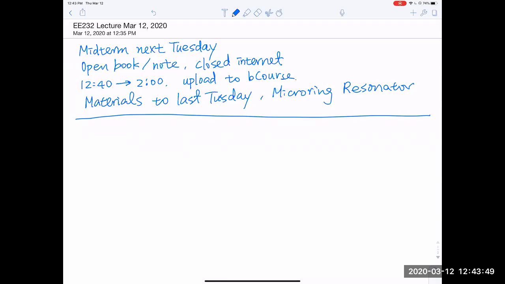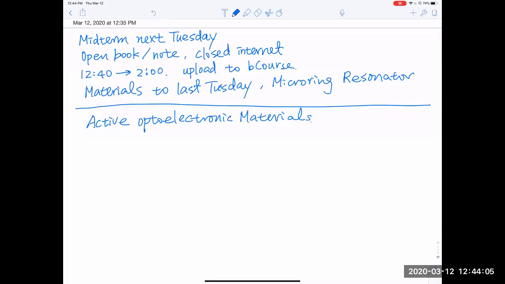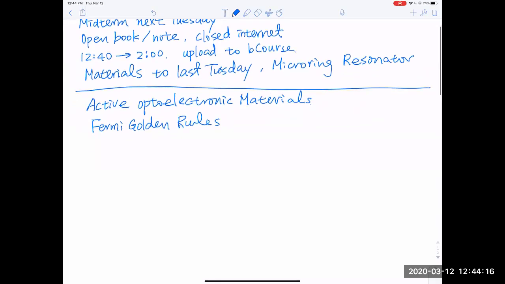So we'll be back to talk about active optical materials, optoelectronic materials. We were talking about the Fermi golden rule, which describes the governing physics for a two-level transition.